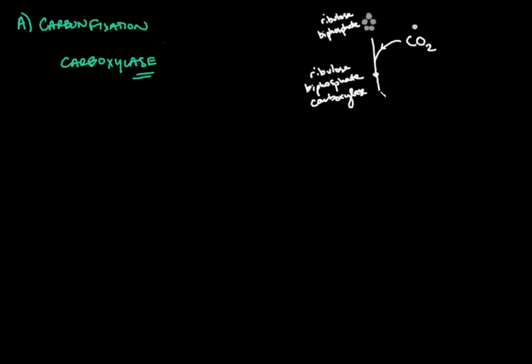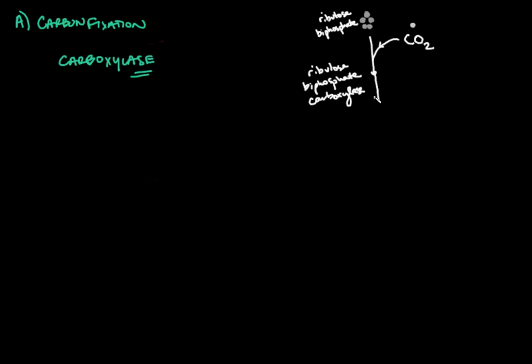Okay, make that arrow a little longer. It also goes by another term, which is short, called Rubisco. So Rubisco is involved in taking this 5-carbon sugar and combining it with this lone carbon that's being absorbed from carbon dioxide.